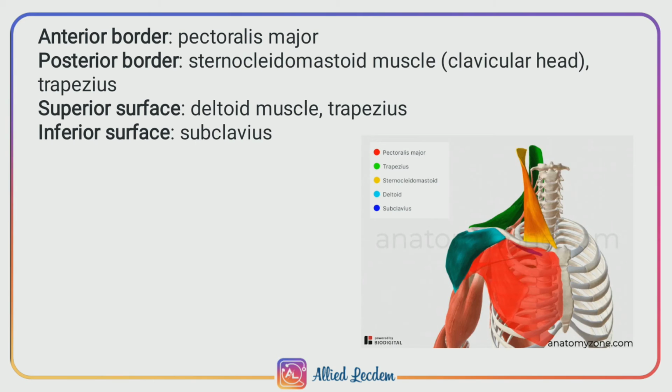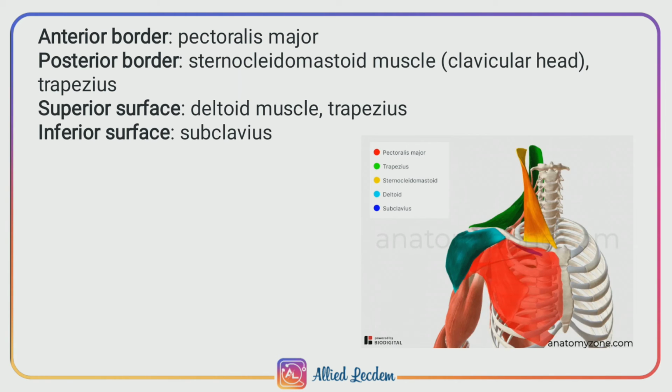So importantly, the muscles of attachment seen in the clavicle bone are, in the anterior border, pectoralis major, which has been marked red in this image, and in the posterior border, the sternocleidomastoid muscle, marked green in color. So these are the important muscles attached to the clavicle.